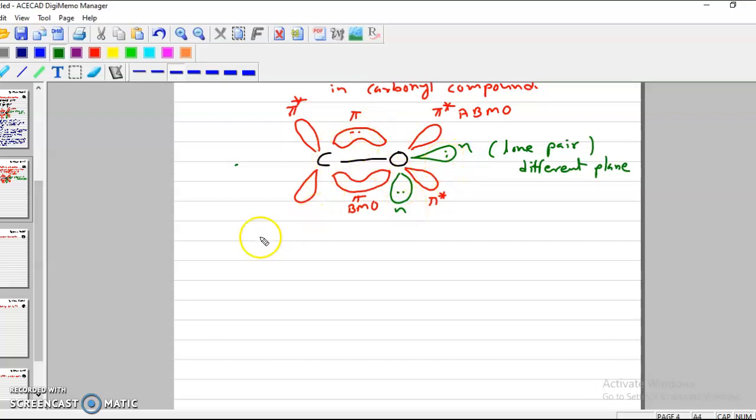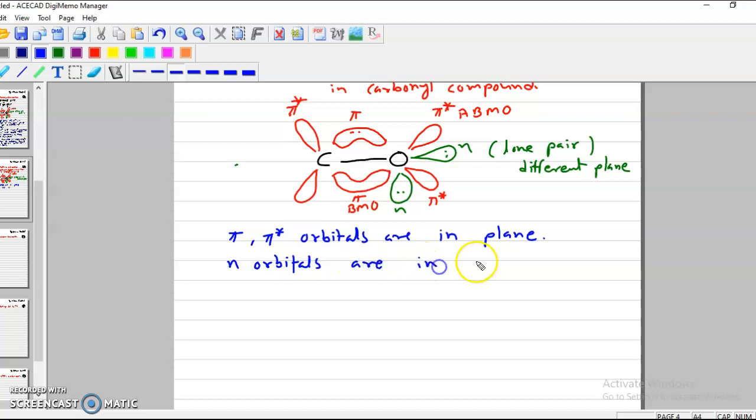The pi and pi star orbitals are in one plane, but the n orbitals are in a different plane.